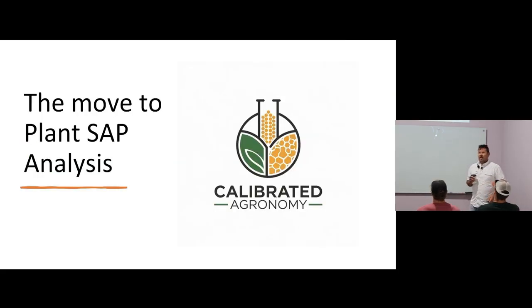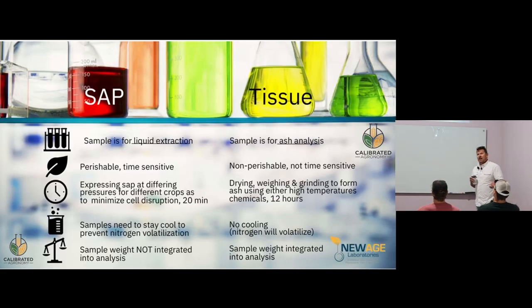So the move to plant sap, and I'm sure you've all heard us talk about sap, but I want to run through it quickly because I think it lays the foundation for what we're going to talk about today. Sap is a look at the xylem and phloem of your plant. At the lab, they press out the actual sap or liquid portion of the plant and look at what's flowing or moving through the plant system.